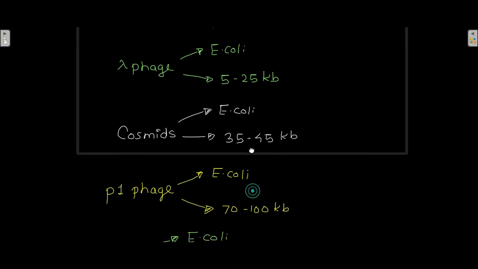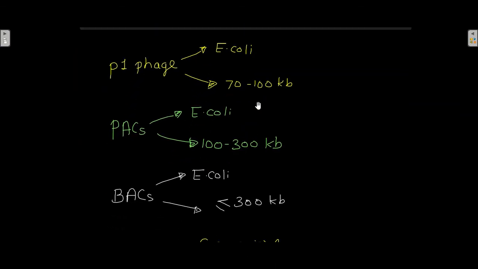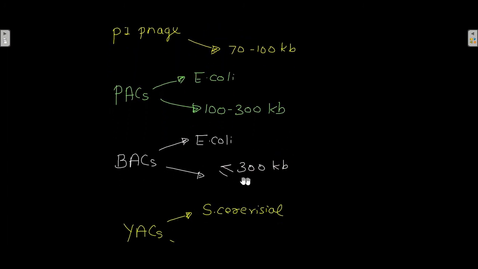Then we consider the P1 phage vector, then PACs, then BACs. For all of them the host cell is also E. coli, and the carrying capacity of P1 phage is 70 to 100 kb, whereas for PAC it is 100 to 300 kb, and for BAC it is more than 300 kb.